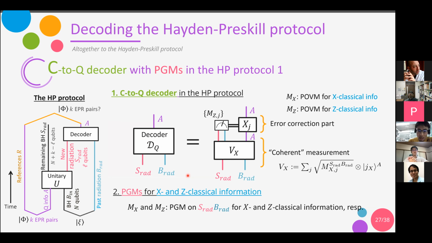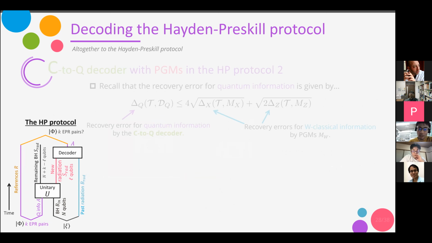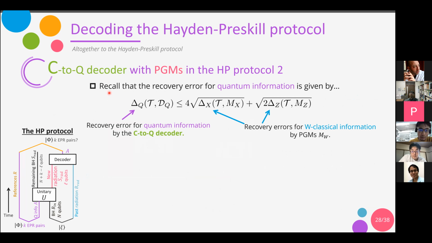Okay, then, to compute the actual recovery error when we use this C2Q decoder, we first should recall our first main result, which states that the recovery error for quantum information is bounded from above by recovery errors for classical informations. And to compute these things, let us now assume that the dynamics of the black hole is scrambling. If the dynamics is scrambling, maybe it's easy to imagine there's no difference between X and Z classical information.